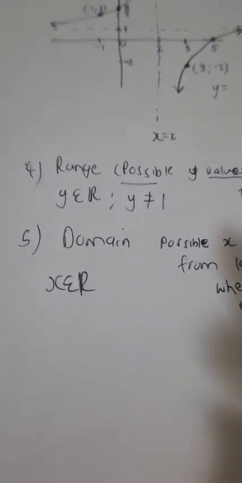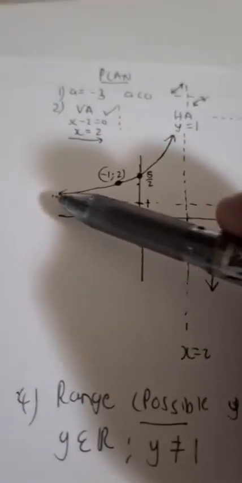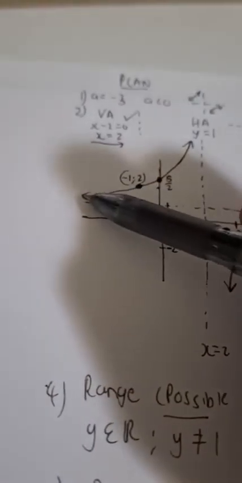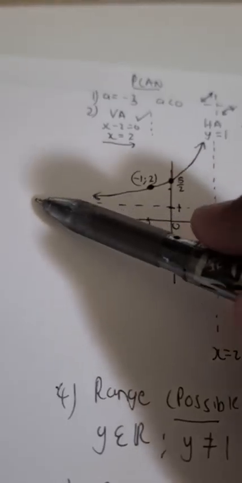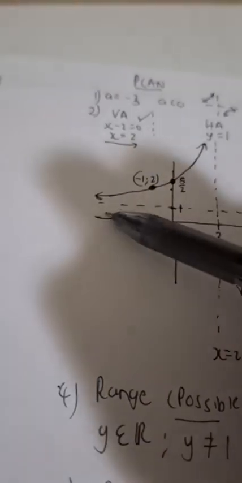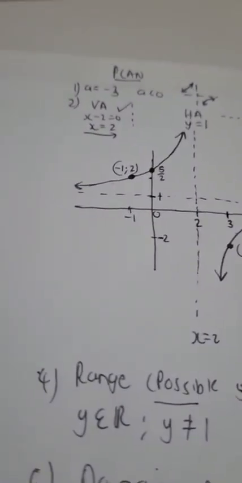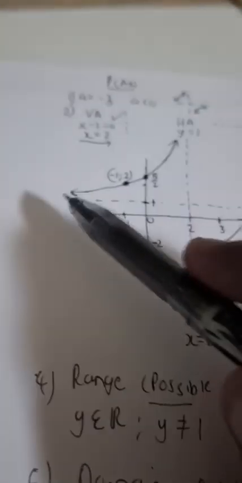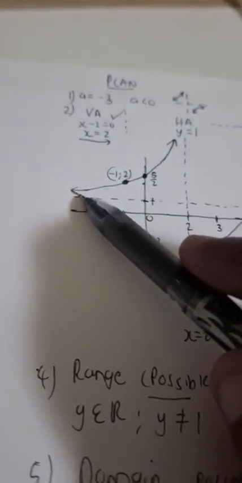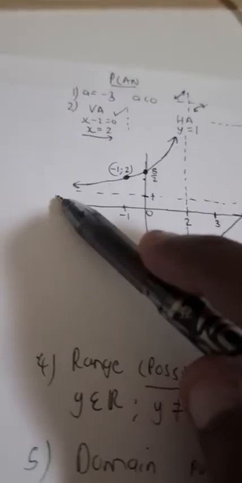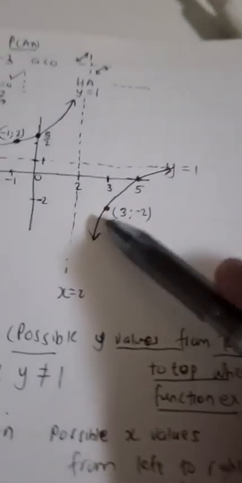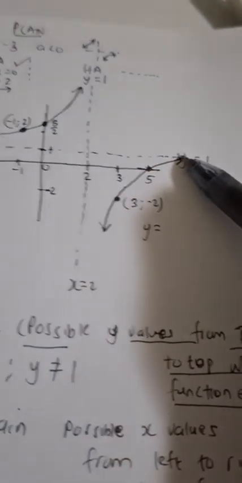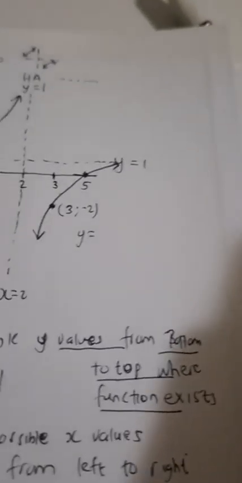And guys, remember, the only reason why we say x is an element of real numbers is because on the left, this arrow indicates that this function goes on infinitely in that direction, approaching the asymptote but never touching it. This arrow indicates negative infinity. Then if you come to this arm, it also goes all the way to positive infinity.